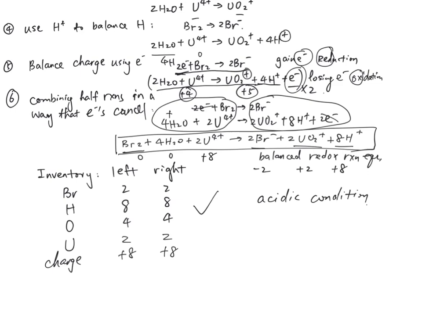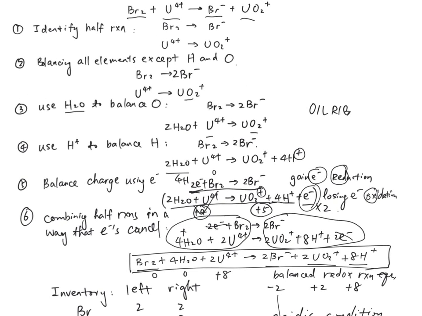All right, so the next thing is, what if I just say, for the sake of our argument, this reaction happened in basic condition. What are you going to do? Go back to our original process.